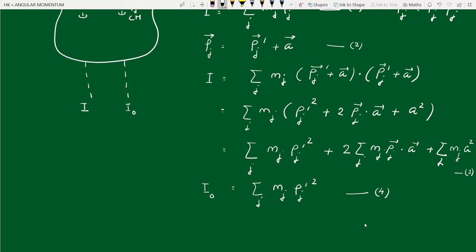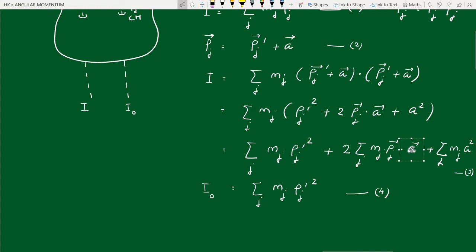Let us look at the second term. In the second term, this vector a is a constant vector, so it's independent of the summation over all the particles. Even though we sum over all the particles, this vector will not change. It's a vector between the 2 axes.